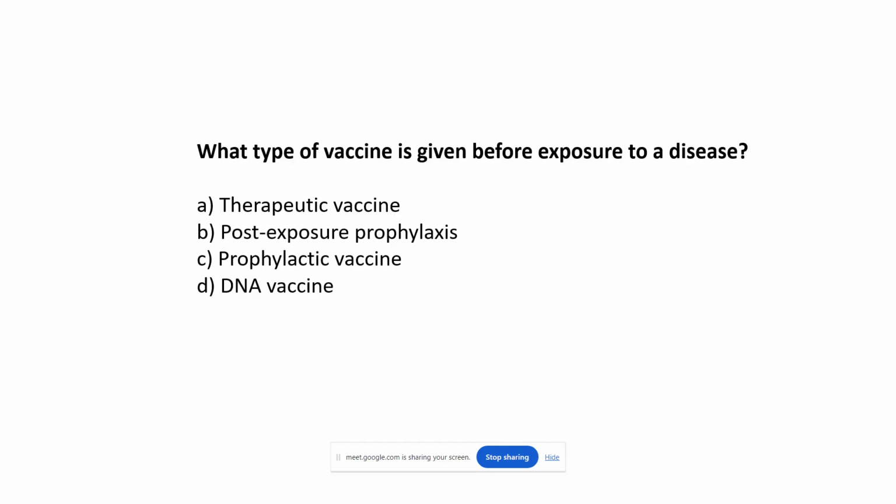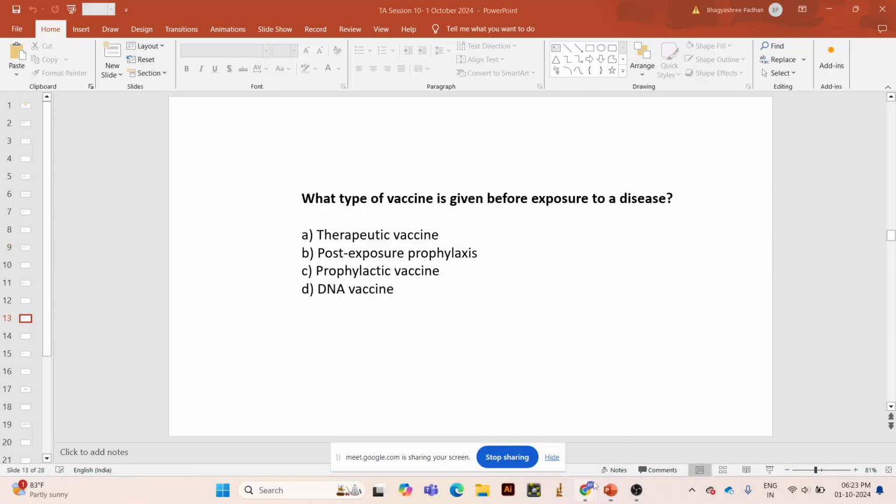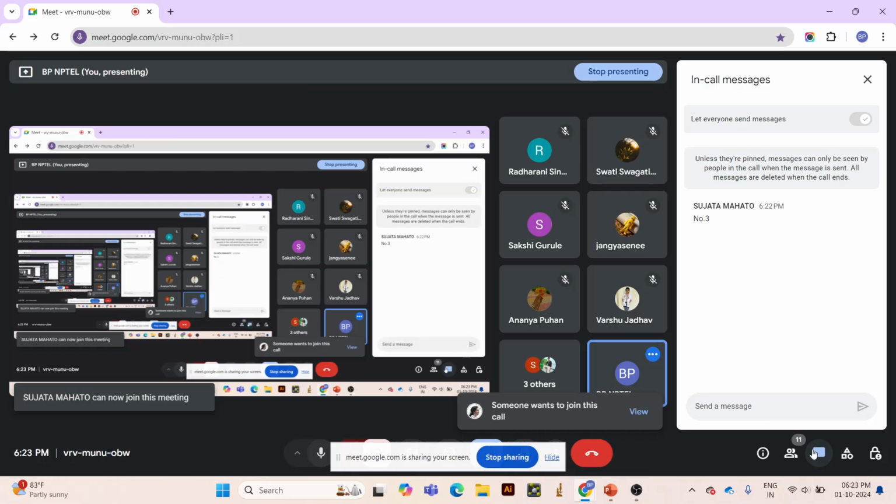Okay, we have our next question here. What type of vaccine is given before exposure to a disease? Option C. Option 3.